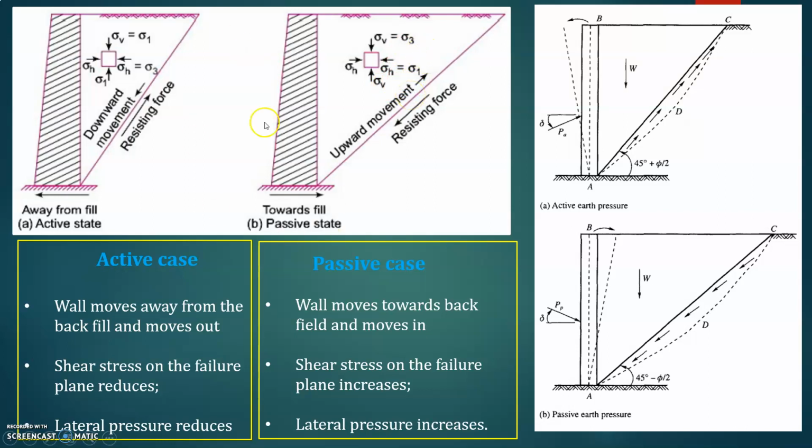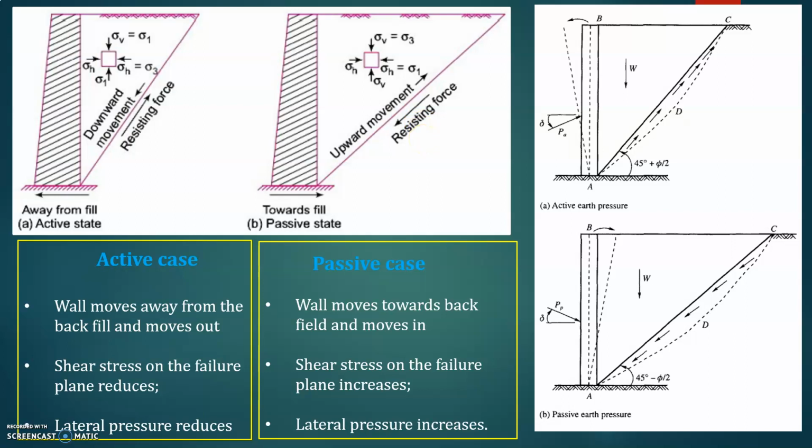Okay, so in the passive case, what happens? The wall is permitted to move towards the backfill, causing lateral contraction of the soil. So a larger force is required to move a greater distance until the stage of failure is reached.